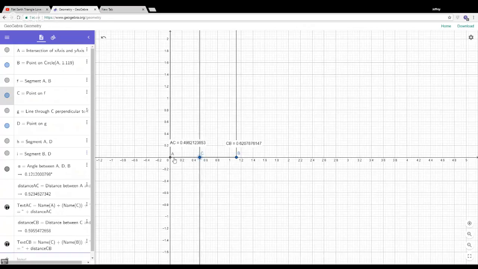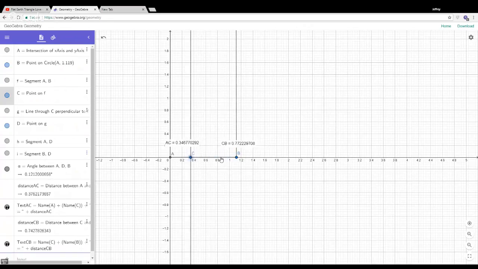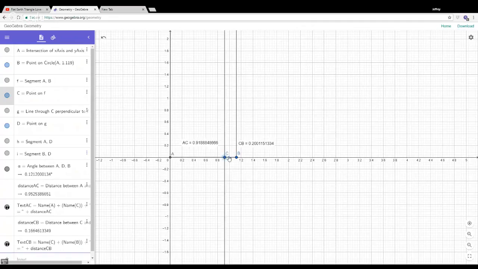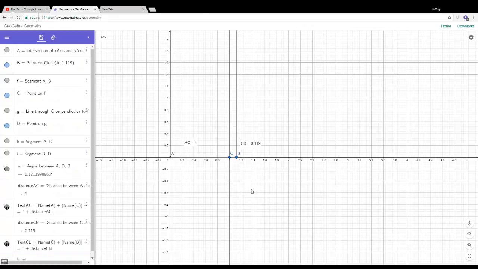What this is indicating is that because this angle is so small, this point here can really be anywhere between points A and B, because the distance from A to D and the distance from B to D and the distance here from C to D, the altitude of the triangle, is so many more times the distance from A to B. So what that means is they could have been spaced like this and still gotten practically identical values.